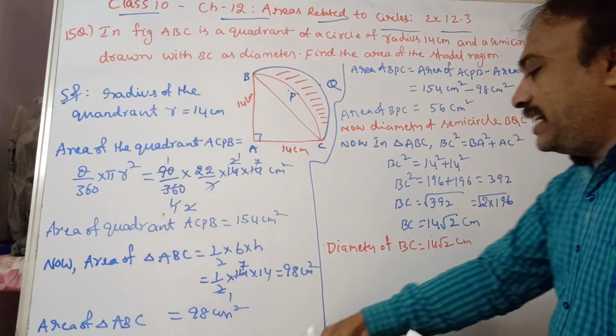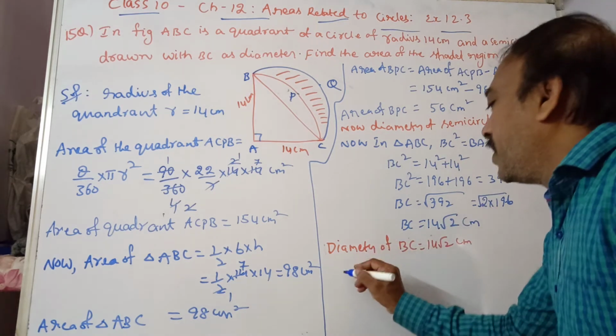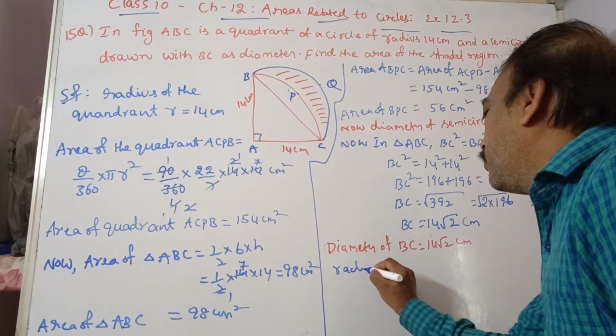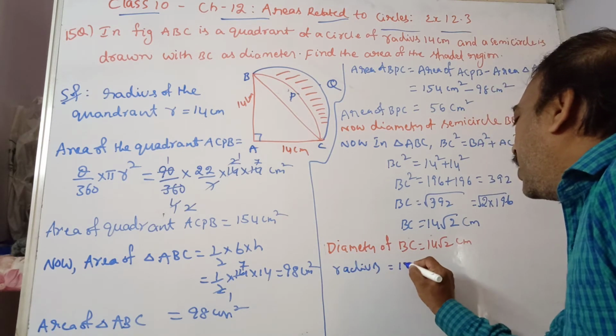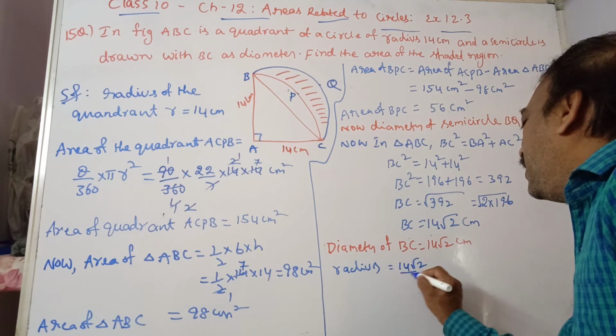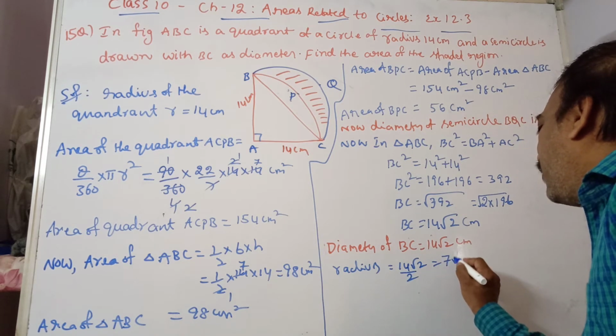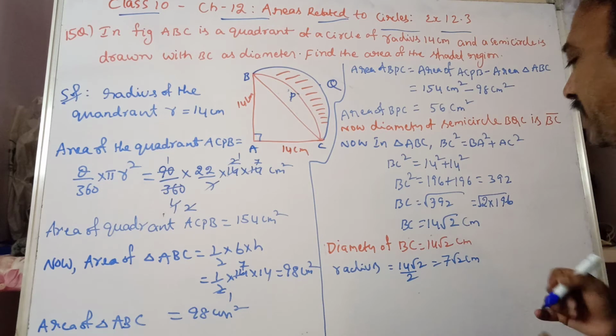Radius will be half of it. So radius is equal to 14 root 2 by 2, which is equal to 7 root 2 centimeter.